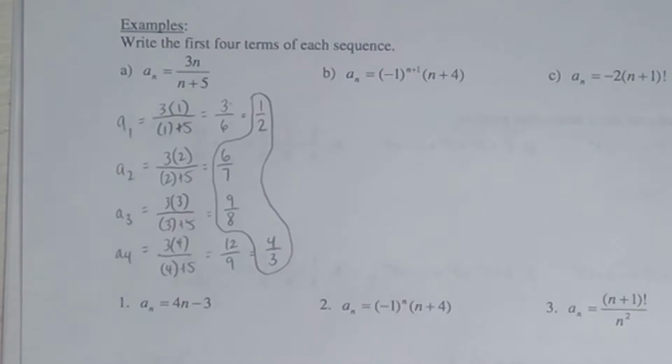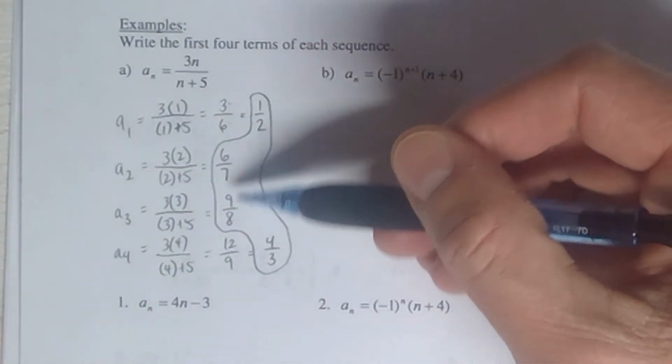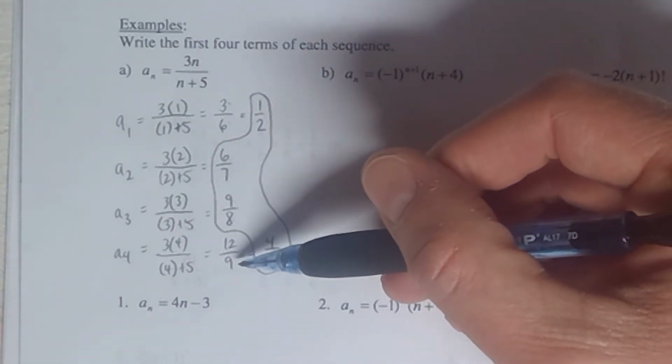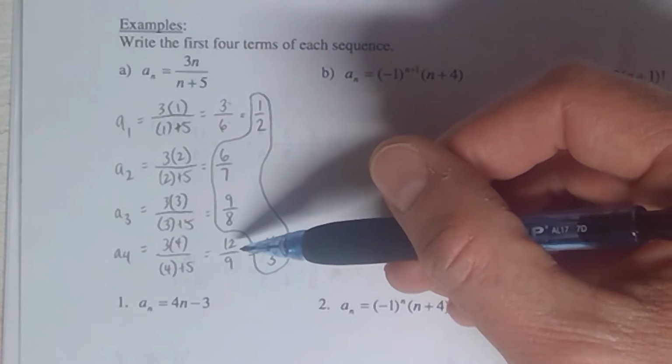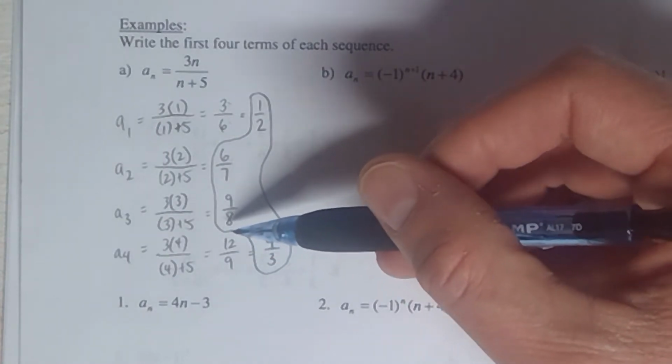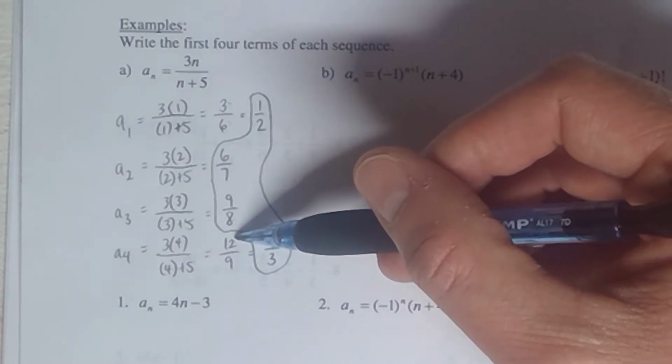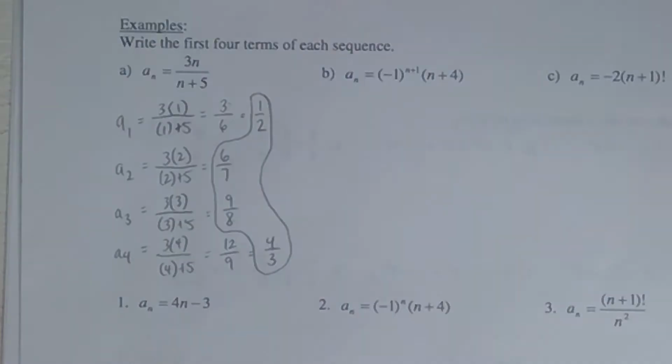With that in mind, according to the pattern that's developing, what appears to be the next term? Well, I would think that it would be 15 tenths. At least it's 15 tenths before you put it in lowest terms anyway. And the reason why is because you would expect the numerator to increase by 3 and the denominator to increase by 1.